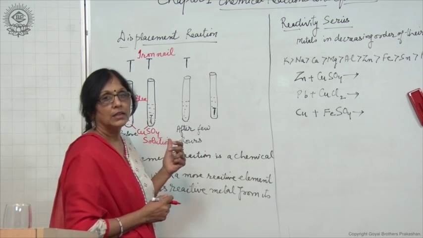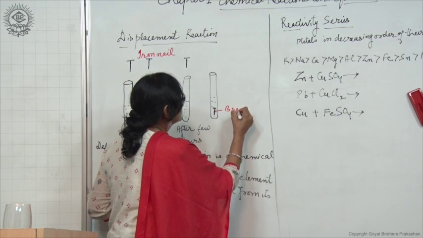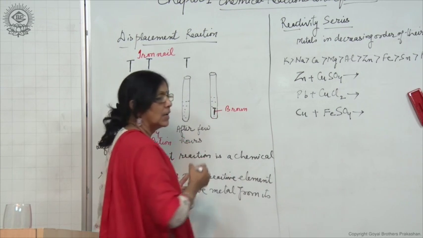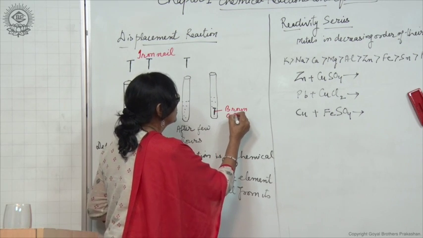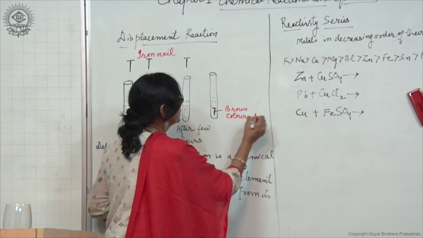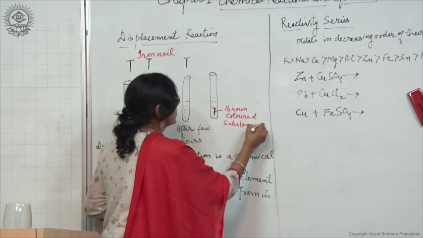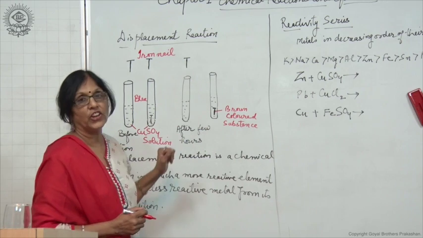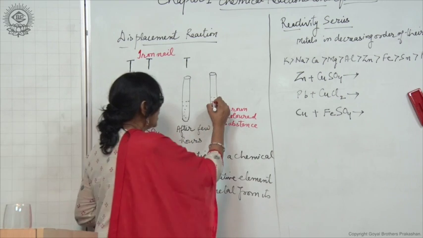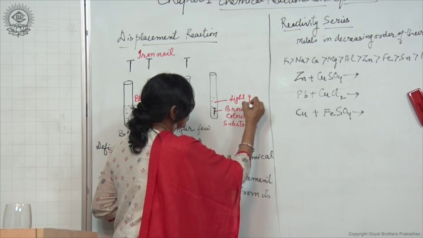It has turned brown in color. A brown colored substance has been deposited on the iron nail, and also there is a change in the color of the solution. The color of the solution becomes light green.